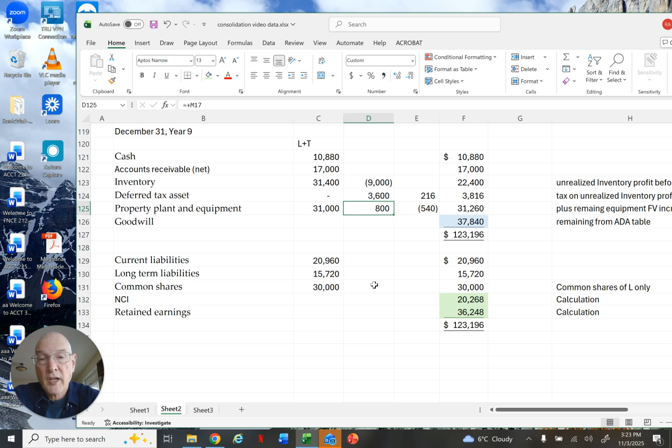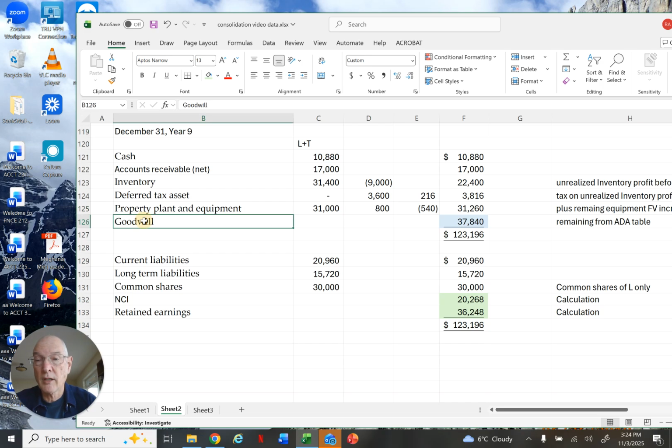The 540 we just looked at is the remaining profit before tax to be realized from the intercompany equipment sale. So in terms of the value of equipment, 540 is unearned, so we can't say our equipment is worth 31,000. We're saying it's 31,000 minus the 540 that is still not earned, but plus the 800 from the original fair value increase. And again, that's on our ADA table.